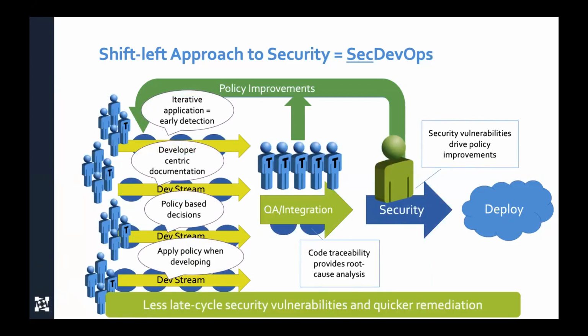So improve the policy the development team are leveraging. This approach of sec and then dev and then ops really ensures that we have a scalable practice that can minimize the number of late cycle security vulnerabilities.